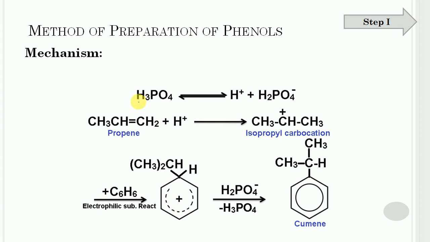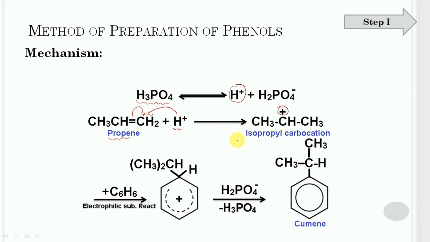First of all, phosphoric acid will dissociate to give protons. Now this proton will help in the generation of isopropyl carbocation from the propene. This pi bond will shift toward this side, and the proton will attack on this carbon, and this carbon acquires a positive charge. So isopropyl carbocation will get formed.